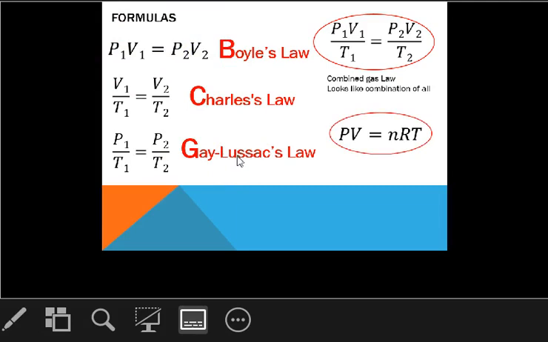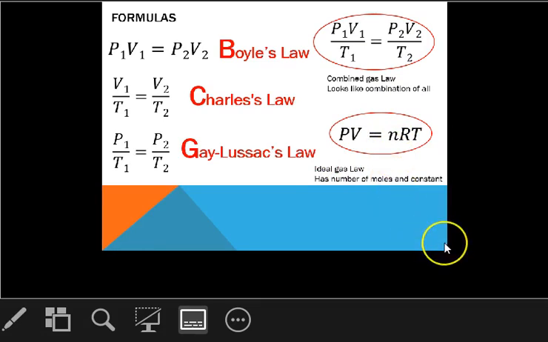That's different than the ideal gas law. The ideal gas law does not have a change in circumstance and is the only one of the gas laws that you can solve for the number of moles. And that means it's the only one that you can use to solve also for the number of grams.